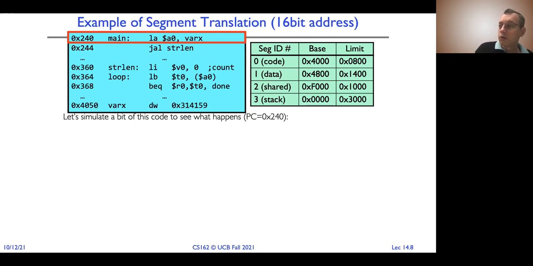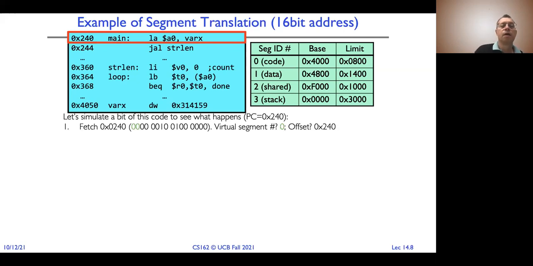So in order to read the instructions and access the data, we need to translate the virtual addresses to physical addresses. First we need to fetch the instruction, which is in physical memory.